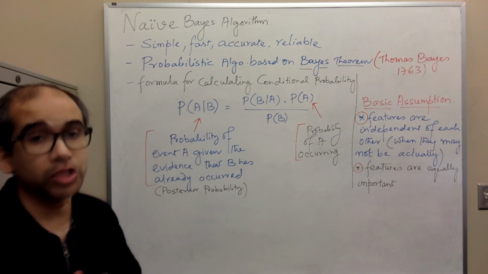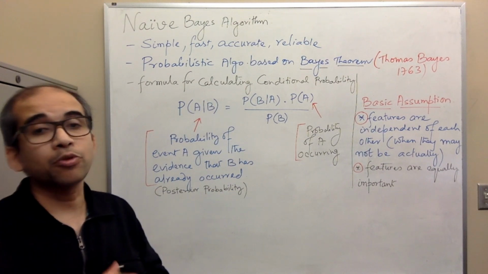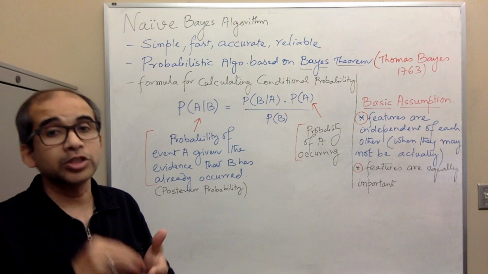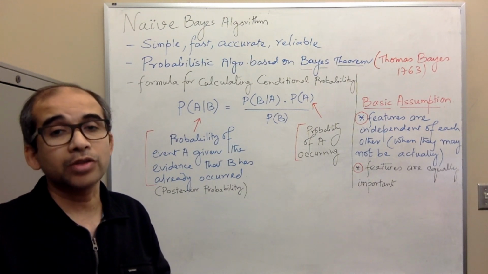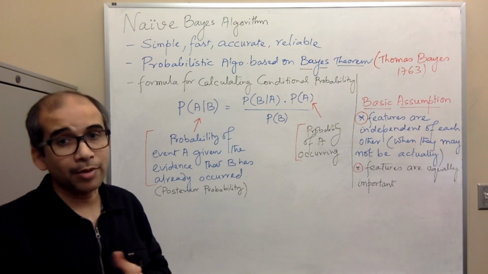This is also called posterior probability. But to find this, we have to know probability of B given A and probability of A itself, that means the occurrence of event A, and then we divide it by probability of B.